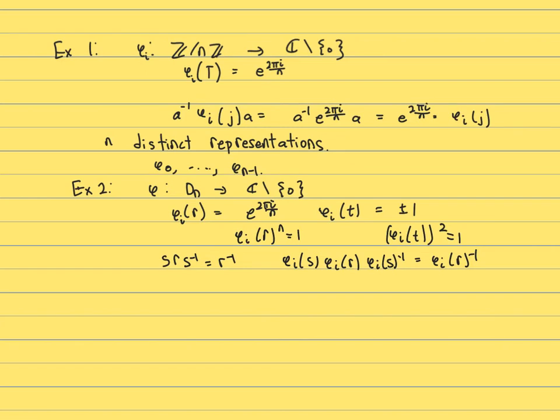Well, that means whatever this thing is going to be either plus or minus 1 times e to the 2 pi i over n times plus or minus 1. Note it's going to be the same sign because negative 1 is its own inverse. It's going to be e to the negative 2 pi i over n.